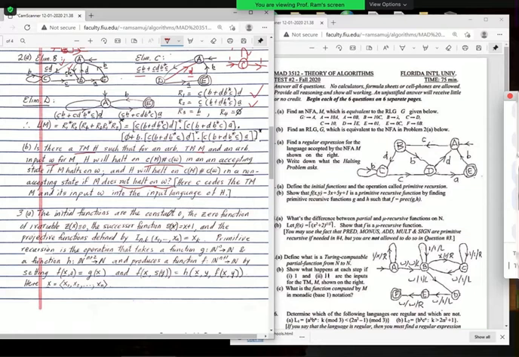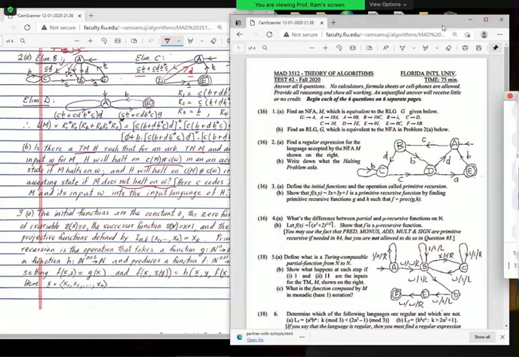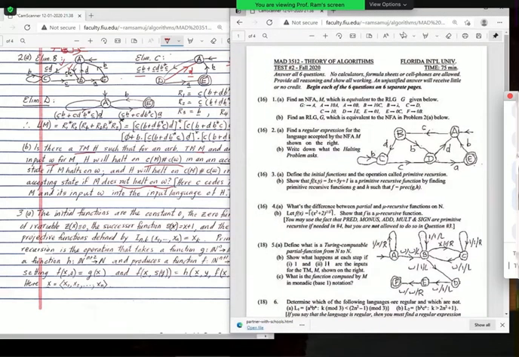Third question is, define what are the initial functions and what is this operation called primitive recursion. So this is a question that confuses many people. They know what are the initial functions, but they don't know what is the operation called primitive recursion. So there are 2 things. There is the operation called primitive recursion, and that's why I wrote define what is the operation.